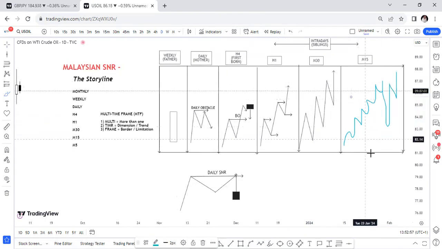Like that. So that's why you need to lay out your multi-timeframe analysis to really know where there's going to be a possible barrier within the chosen higher time frame.